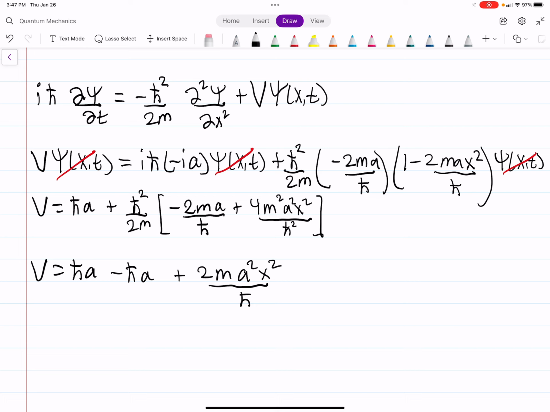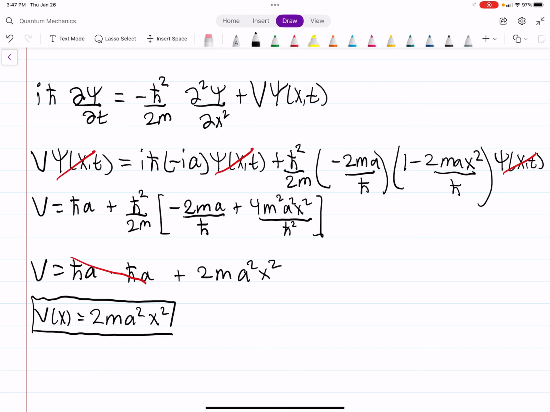Okay, so actually there is no h bar there. There we go. So these obviously go away, and then your potential energy is 2m a squared x squared. So this potential energy is the solution. Okay.